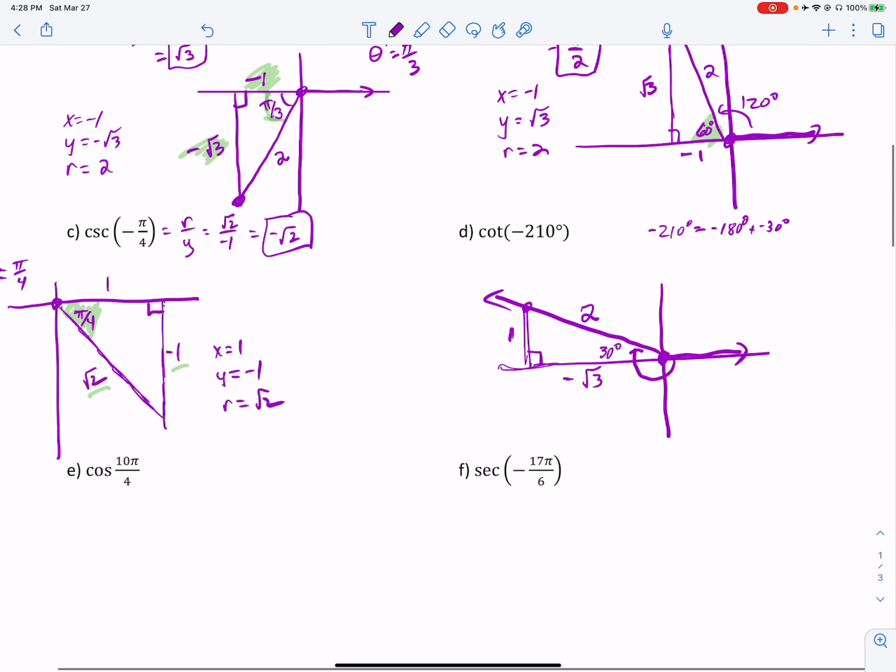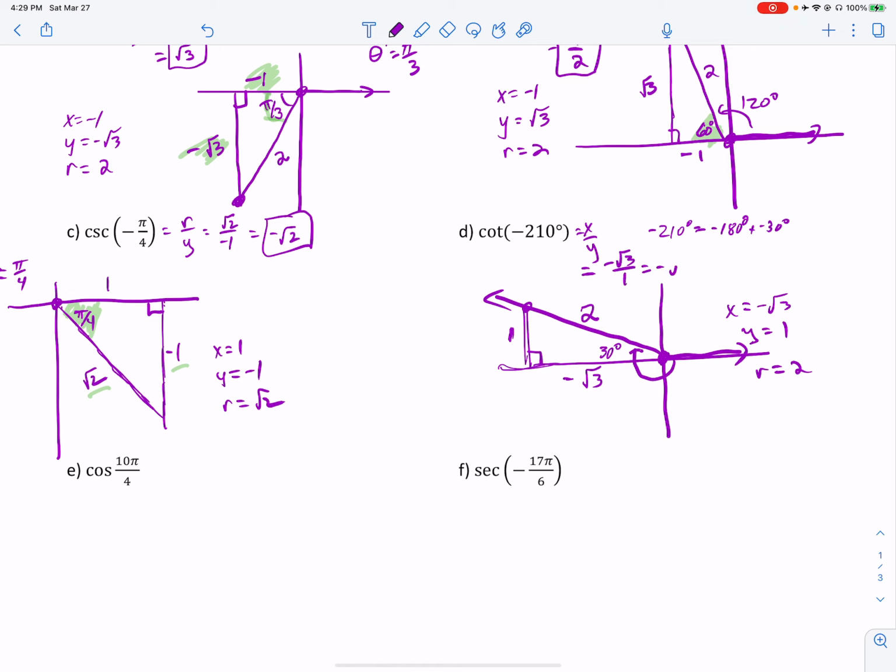And so that means my x value is negative root 3, my y value is 1, and my radius is 2. Cotangent is x over y. So I'm going to get negative root 3 over 1, so the value of the cotangent of negative 210 degrees is negative root 3.